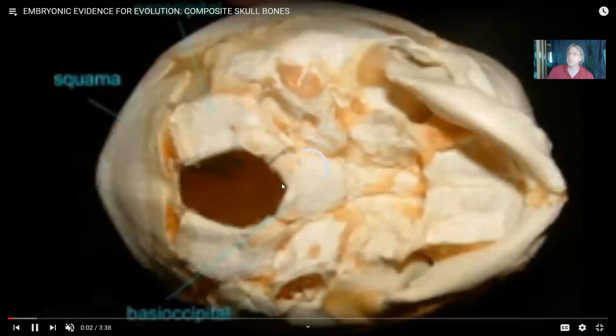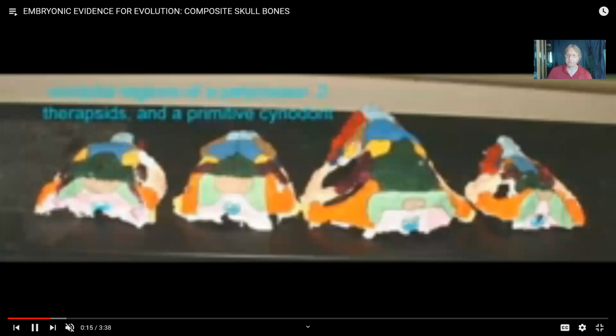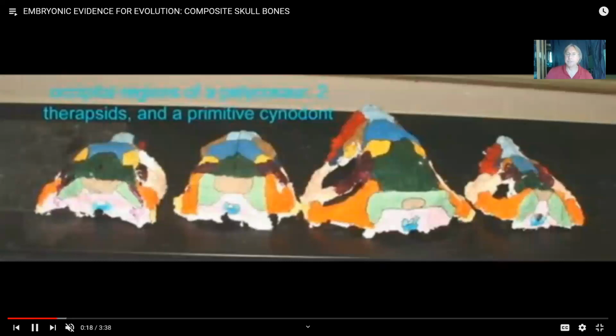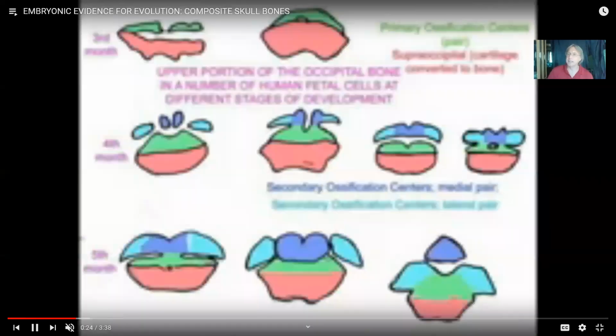Reptiles don't have an occipital bone. They have lots of little bones in the occipital region, which we could name a basio-occipital, exo-occipitals, post parietal, tabulars, etc. And fossils indicate that these small bones gradually fuse together to form the single occipital bone in primitive mammals.